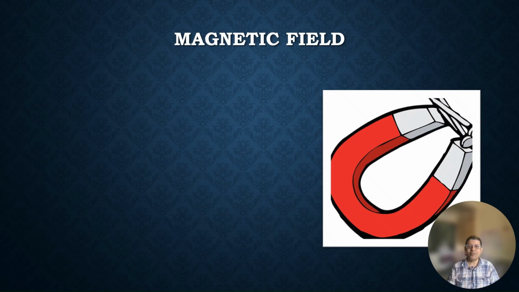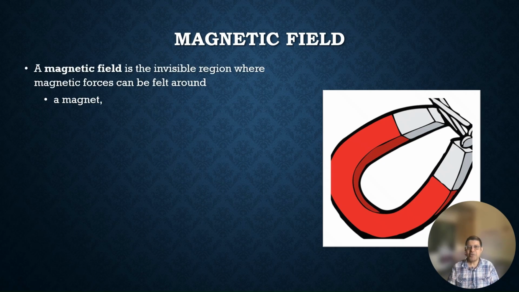So remember that magnetic fields are invisible, they are imaginary, right? But they can be felt. When you take a bar magnet to another bar magnet, the other bar magnet feels the magnetic force, right? Because of the magnetic field around it, which is invisible in nature. You cannot see it, but it can be felt.